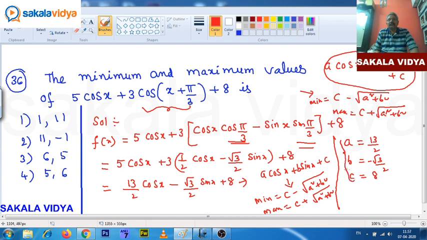So substitute these three values here and get the answer.